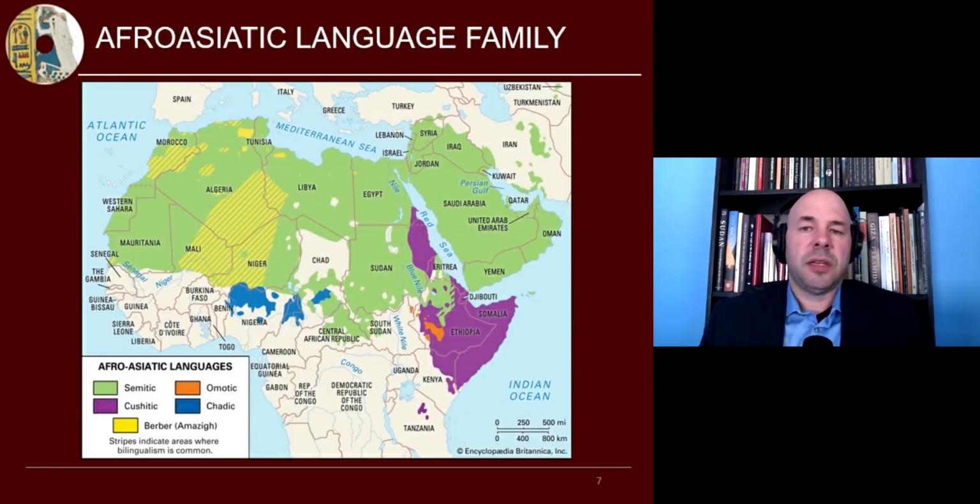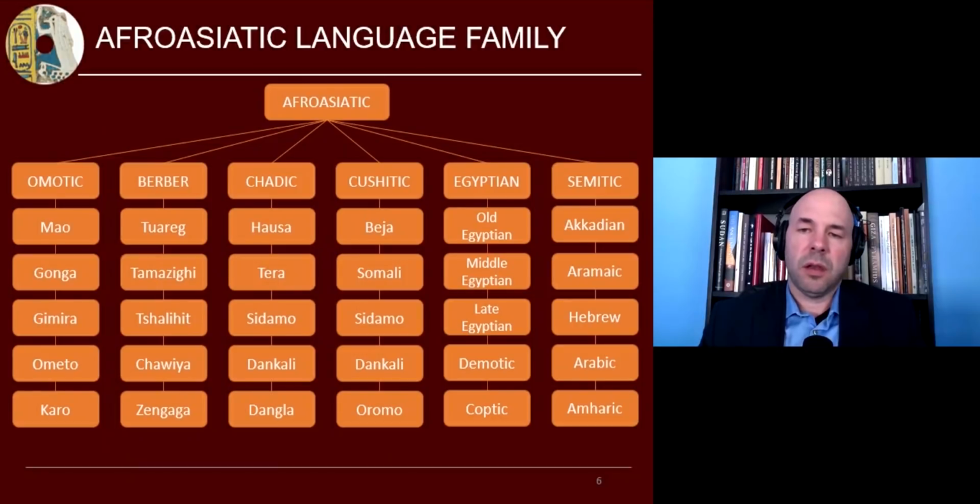This is actually to be expected when you think about Egypt's geographical location in the northeast corner of Africa with a land bridge to the Middle East. It makes sense that the Egyptian language would have features from all of these areas combined together. So this is how it's generally categorized in terms of its linguistic family. It's part of this larger Afroasiatic family.